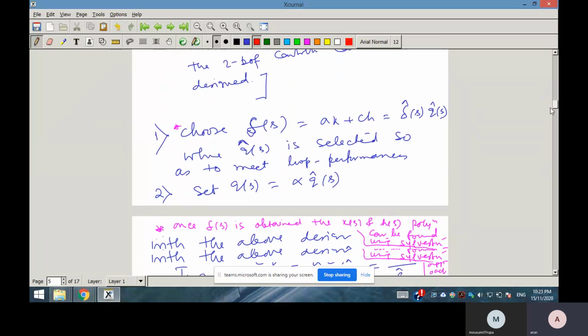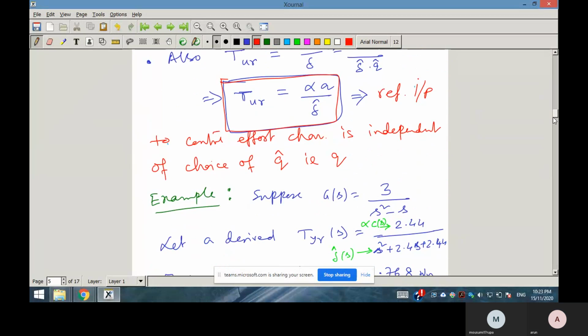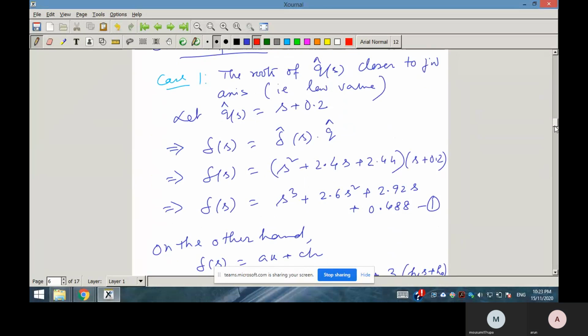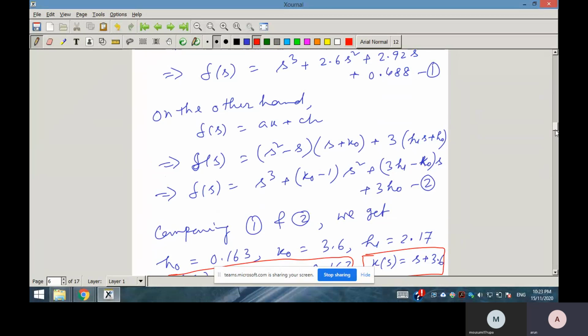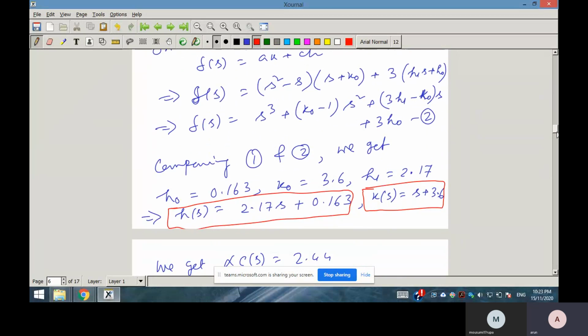The design of K(s) and H(s) polynomials is the same as one degree of freedom, using the Sylvester matrix based pole placement approach, or for a low order system you can just compare the coefficients and obtain the H(s) and K(s) polynomial parameters, as I have done here. For the example that I have considered, I have not used the Sylvester matrix. I have just compared the two equations, the coefficients of s to the power 3, s to the power 2, s to the power 1, and s to the power 0, and then you get these parameters.